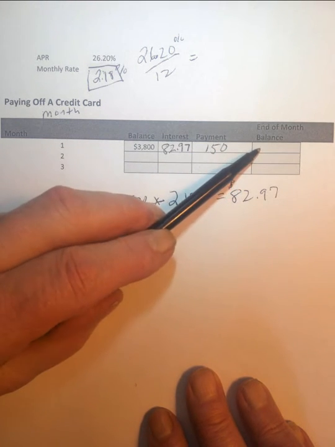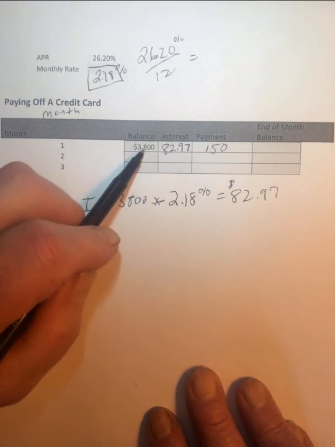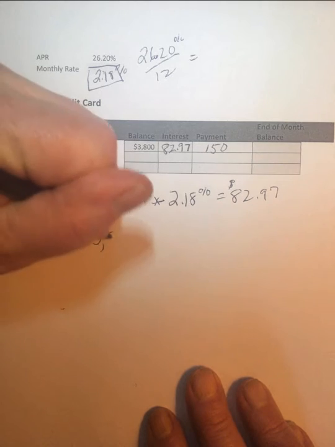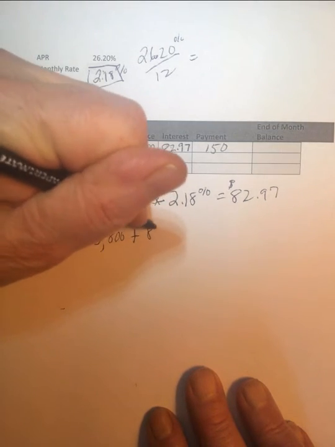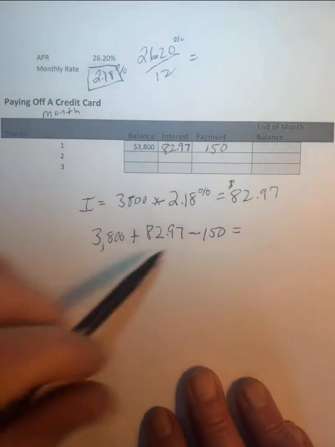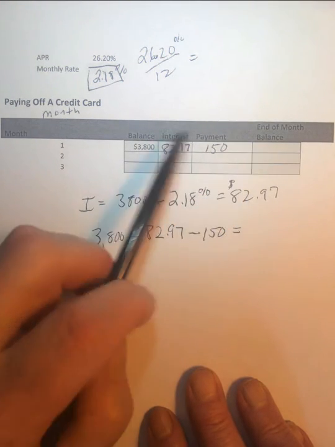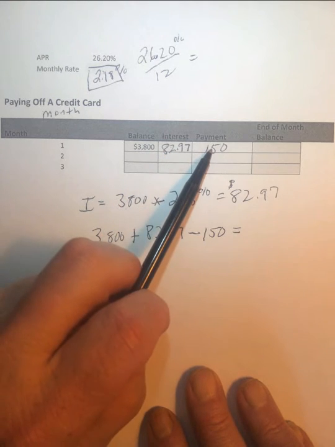So now my end of the month balance is going to be my beginning balance. That's what I owe, plus the interest that I now owe, minus the payment that I made. So for this cell, you're going to go this cell plus this cell minus this cell.